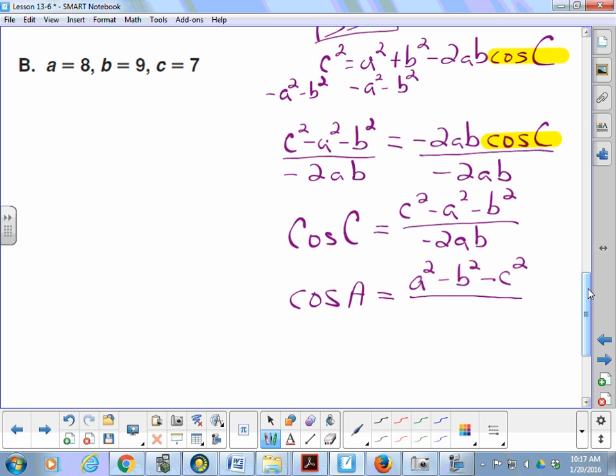And then the denominator is negative 2bc. The angle I'm looking for goes here, the side across from it goes here, and the other spots go to the other two letters, in any order you want. It doesn't matter the order.